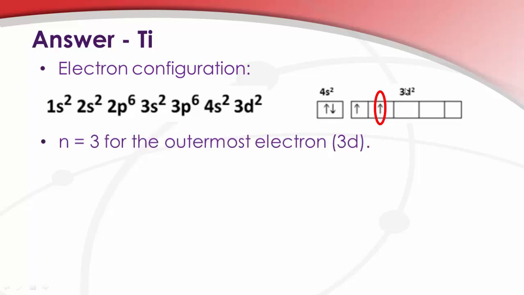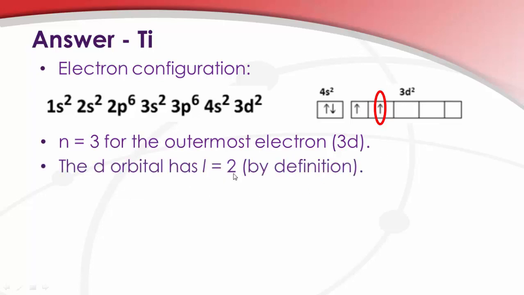Well, the easy one, the energy level, the principal quantum number is 3. Now, since it's the d orbital, that means that L equals 2. And here comes a bit of a trick. The m subscript L will be from -2 up to +2.